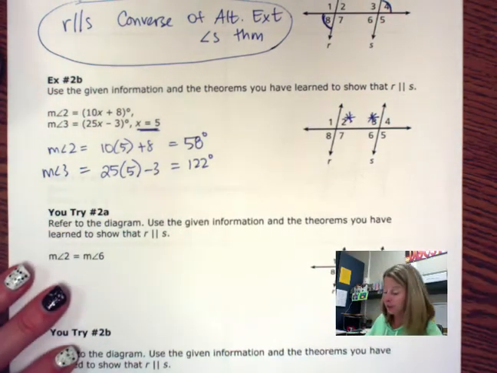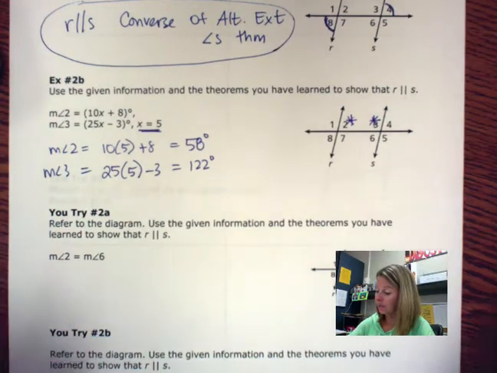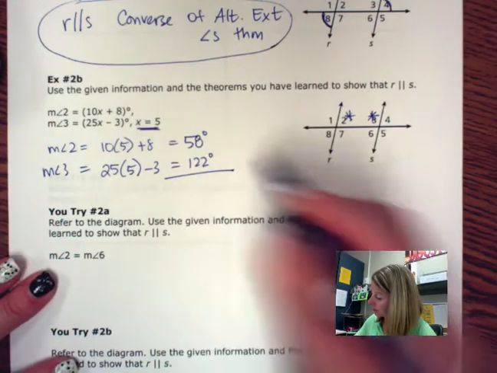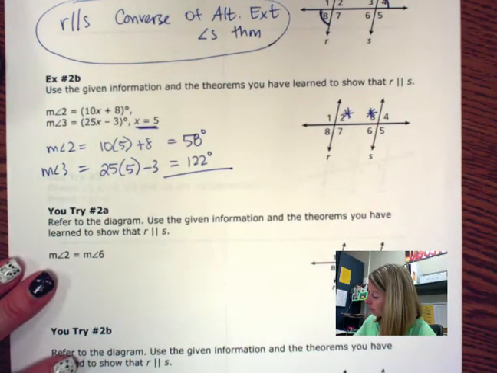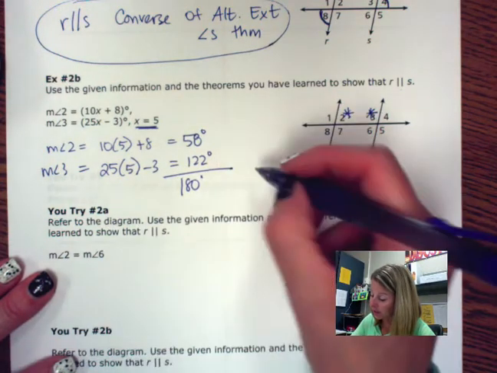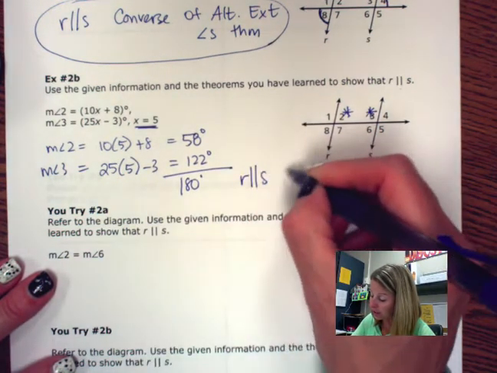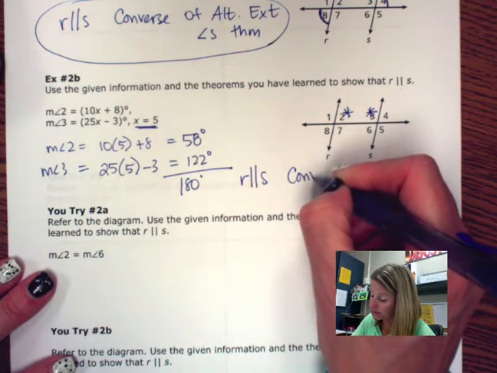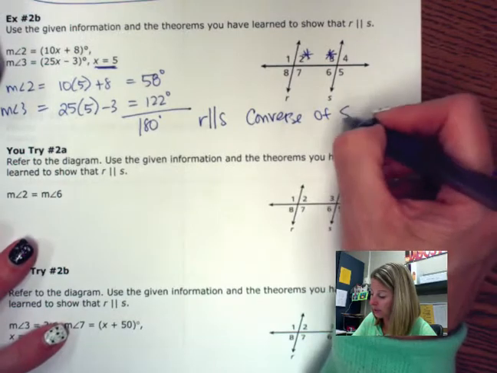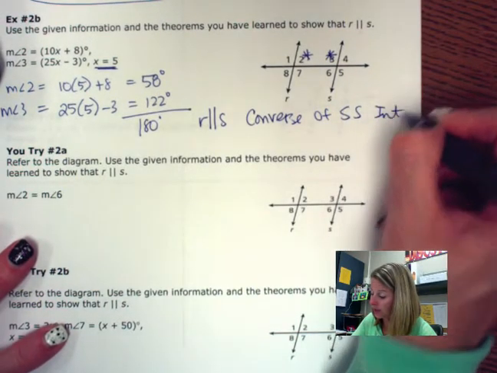So remember, I'm trying to see, are these supplementary? Let's add them up, see what we get. 122 plus 58, I do get 180 degrees. So I can say R is parallel to S by the converse of same side interior angles theorem.